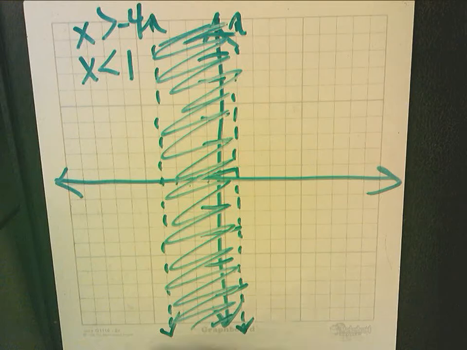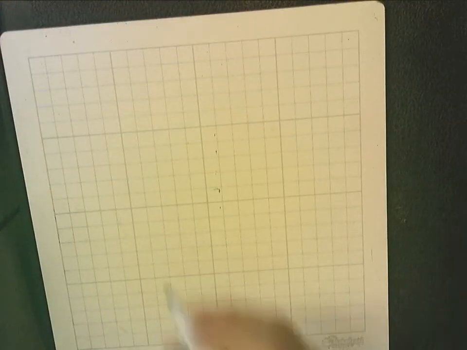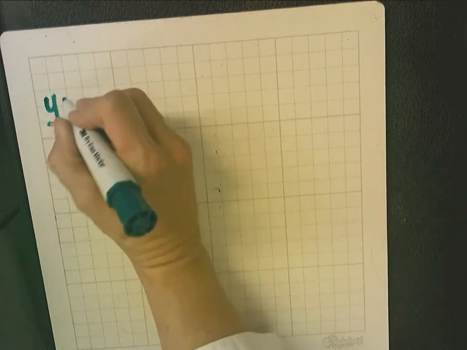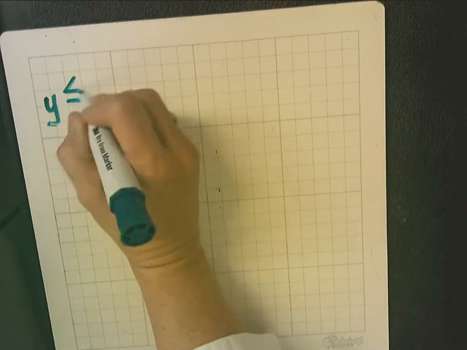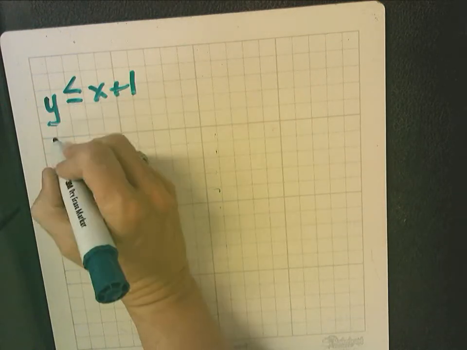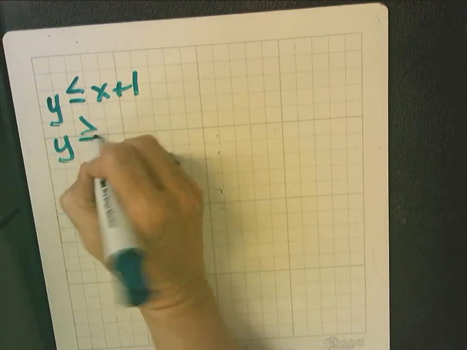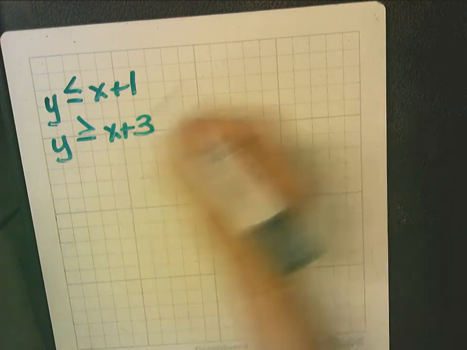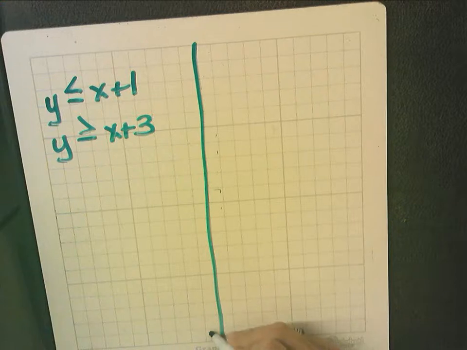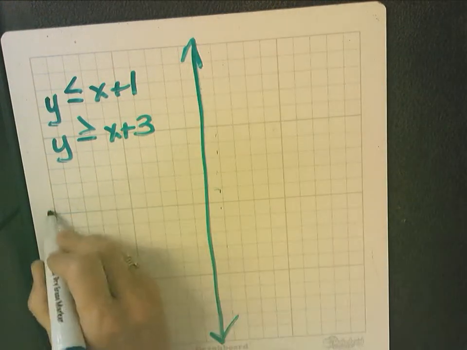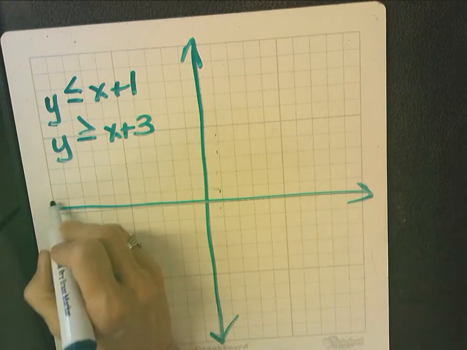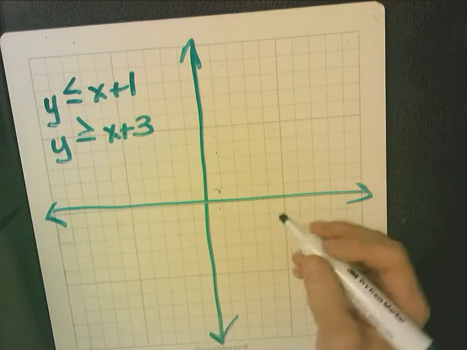Now I'm going to do number 4. Number 4, again, I'm going to change this. Y is less than or equal to x plus 1, and y is greater than or equal to x plus 3. So you change them into slope-intercept form to make them easier to graph. These are both going to be solid lines.